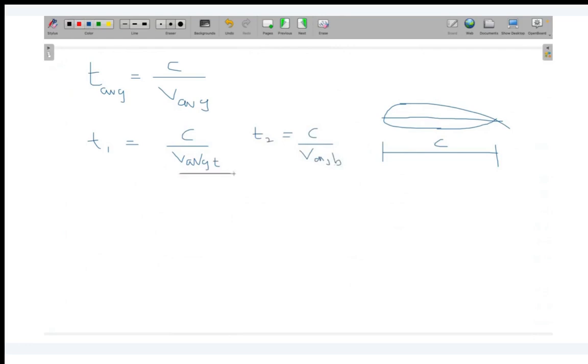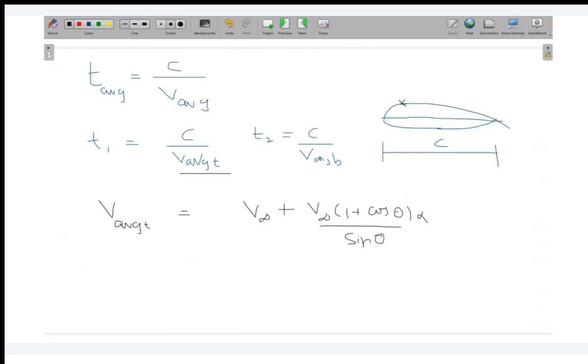So v average top, we know what is the velocity at every single location, which is nothing but v infinity plus v infinity into 1 plus cos theta into alpha divided by sine theta, right? This is what we know as the velocity.